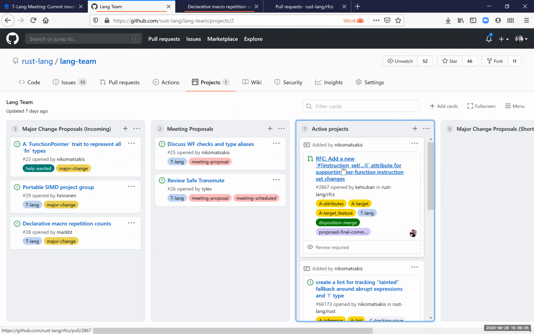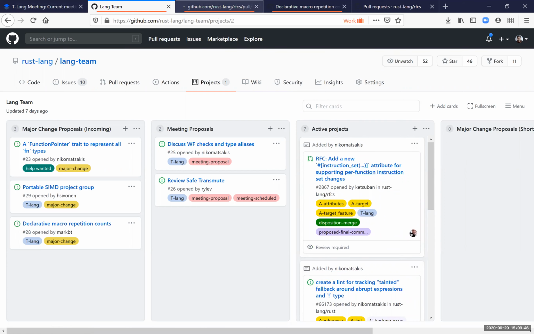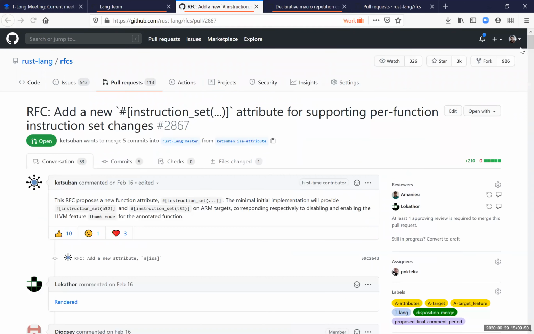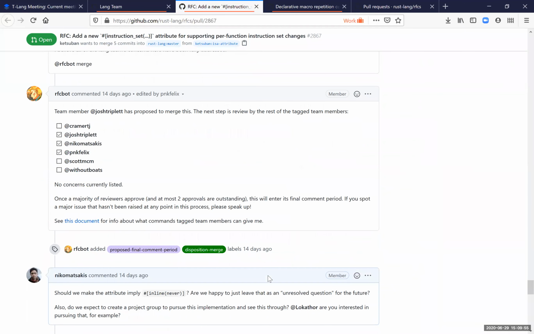The instruction set RFC, this is basically waiting for an FCP, right? I think that's the current status. Waiting for everyone to check their boxes, I mean. I think that's right. I'm going to assume that's confirmed. Okay. Any comments? I guess we'll ping some people.